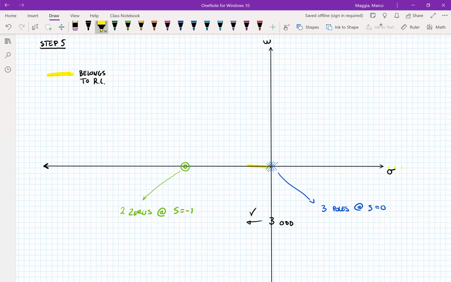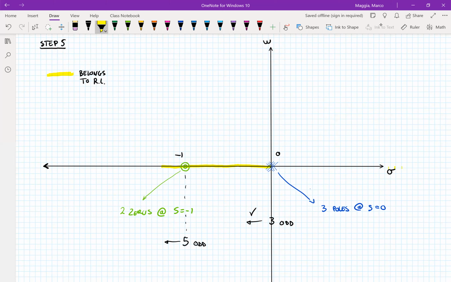So we're going to select the segment until we find some other peculiar points. There we go. At -1, we encounter other 2 points. In this case, they're the 2 open loop zeros. So the total number of open loop poles plus zeros that we have so far at -1 is 5. 5 is also an odd number, so whatever lies to the left of it belongs to the root locus.